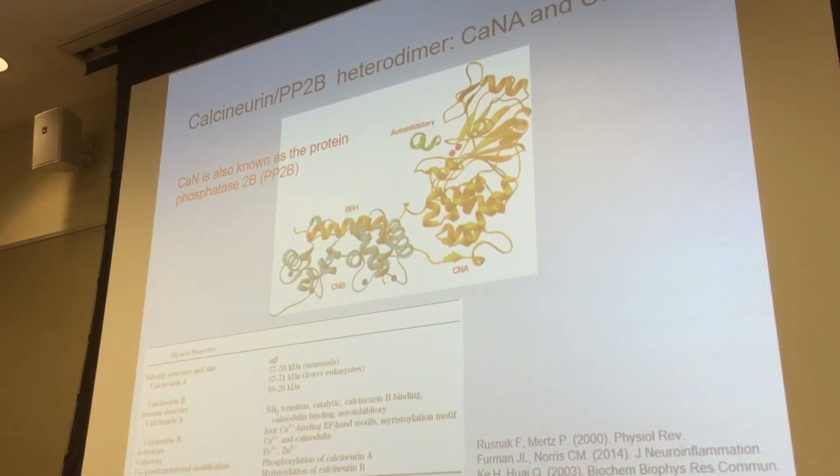So here we've got a protein that has two different names as well. It's also referred to as calcineurin because of its calcium regulation, and protein phosphatase 2B. You'll see it either way, and just understand that it's exactly the same protein.